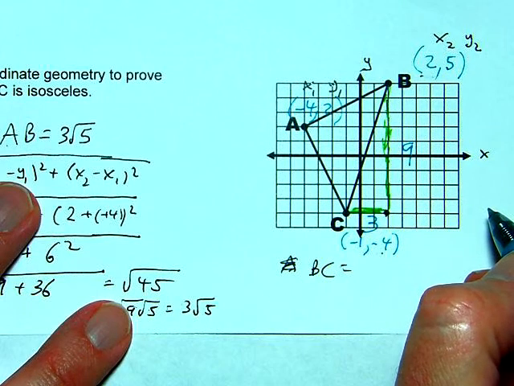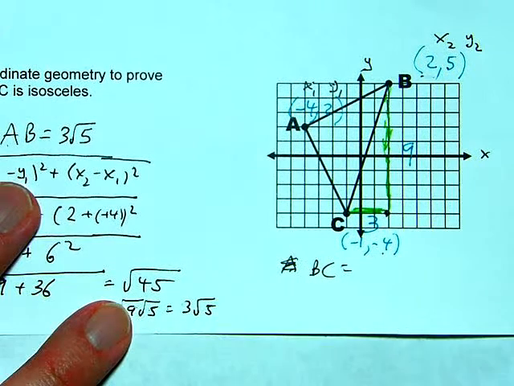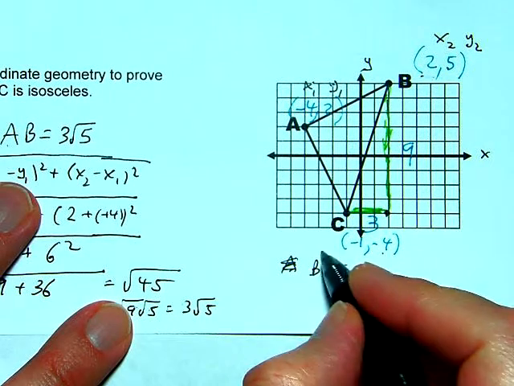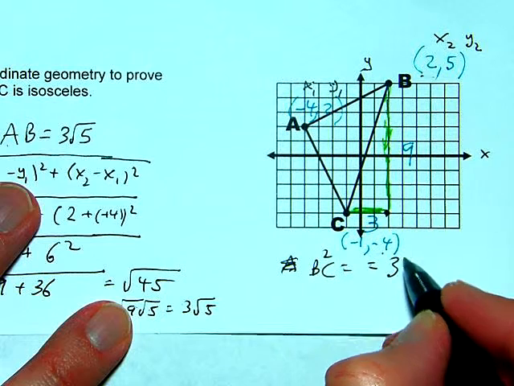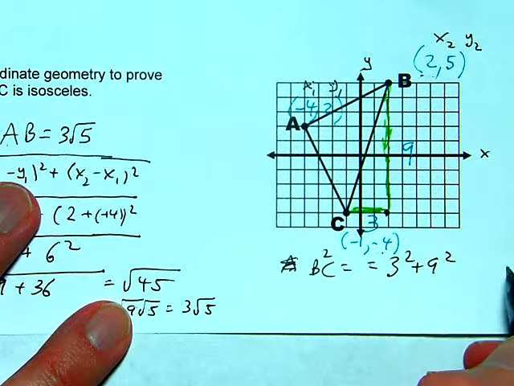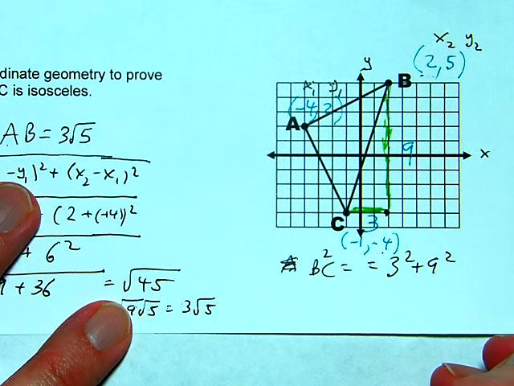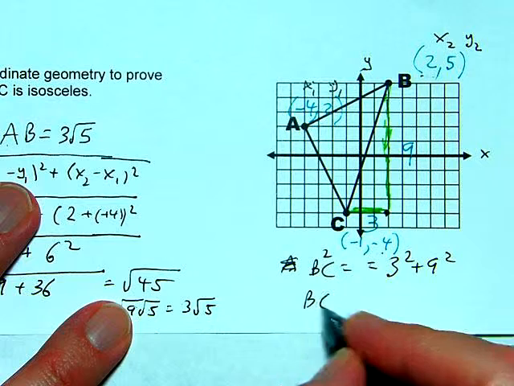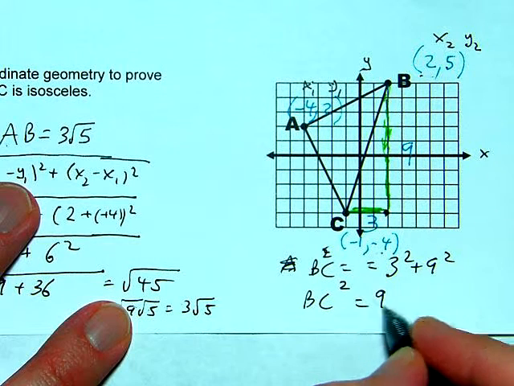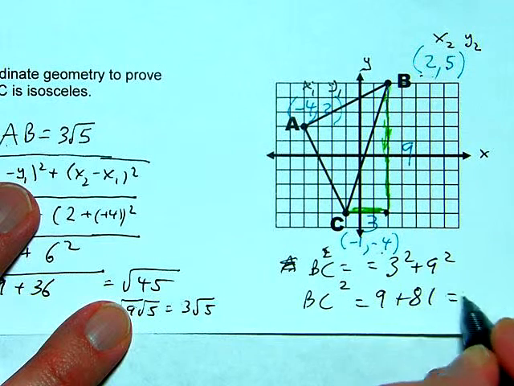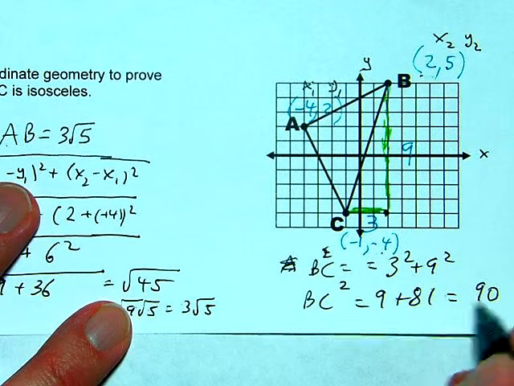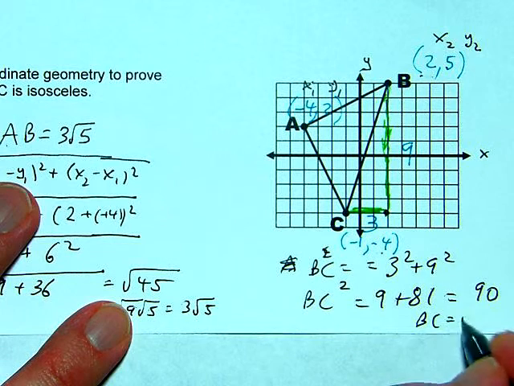So we're going to calculate the length of BC by using the Pythagorean theorem. So we know that BC squared is going to equal 3 squared plus 9 squared. Okay, and that means BC squared is going to equal 9 plus 81, which is equal to 90, or BC is equal to the square root of 90.